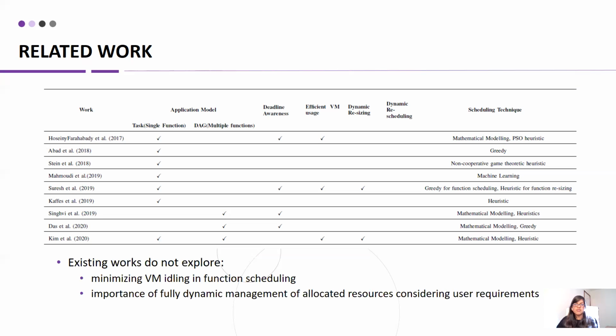From this study, we could see in summary that most of the existing works do not explore ways of achieving increased resource efficiency on the provider side using application-specific characteristics. And also fully dynamic resource allocation and scheduling has not been explored much. So these two will be the focus points of our work.